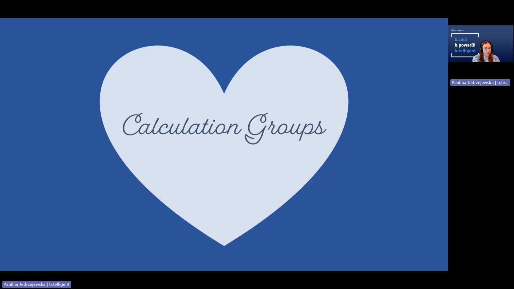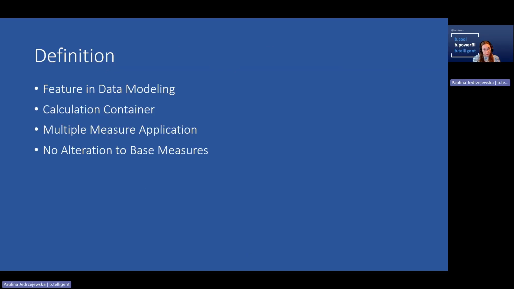So calculation groups. What are calculation groups? It's a feature in data modeling that is used like a calculation container where you just create a calculation and use it on different measures.